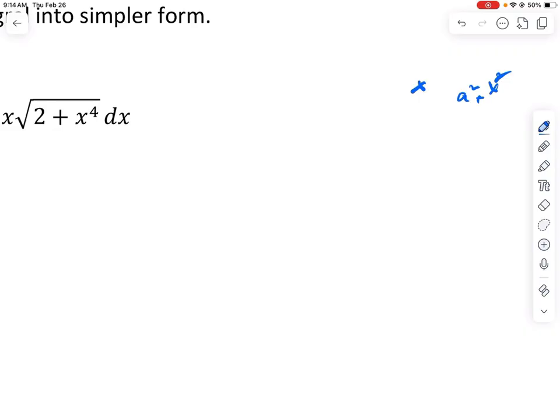But before that, I will say let u equal x squared. Then u squared will be equal to x to the 4. Obvious. So this quantity will become u squared. Now du is equal to 2x dx, so dx will be equal to du over 2x.